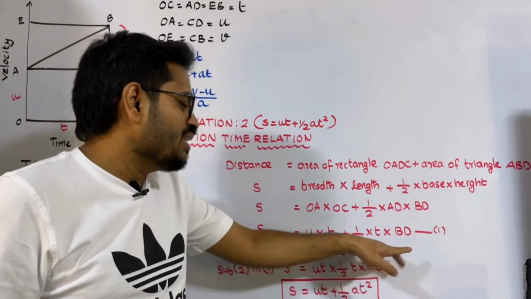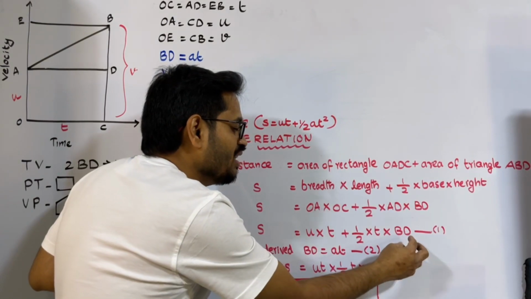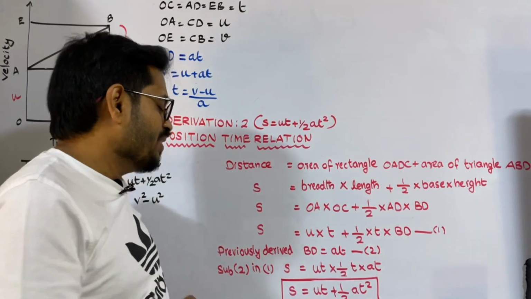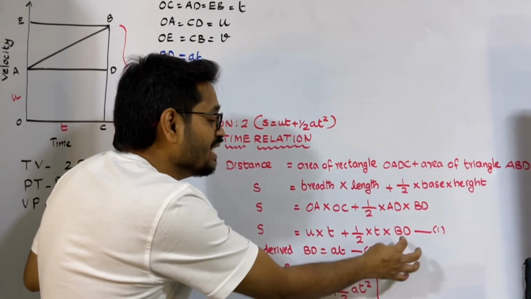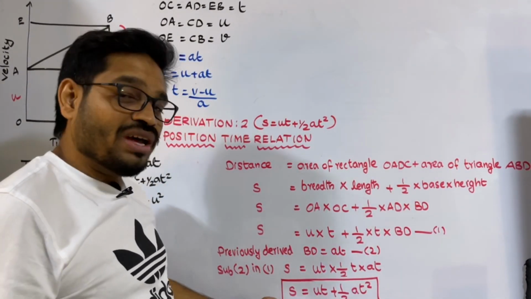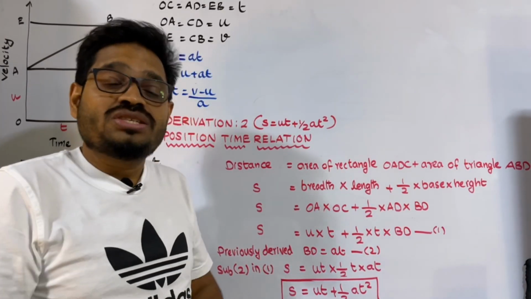This is the second formula. Now bringing the second formula, this BD, and pasting it instead of this BD in the first formula. That is called substituting 2 in the first formula. S equal to UT plus half into T into, instead of BD we write AT. Now T into T, AT square. So we get the final formula, S equals UT plus half AT square.